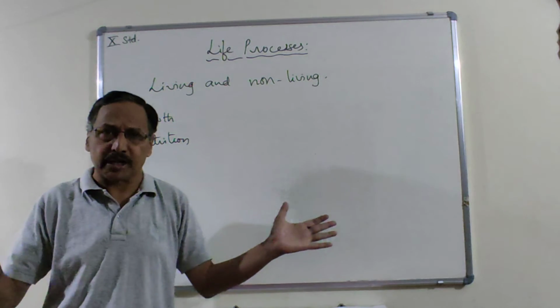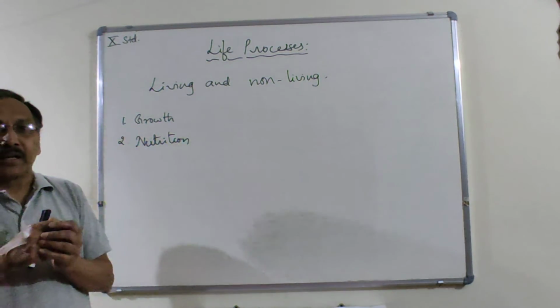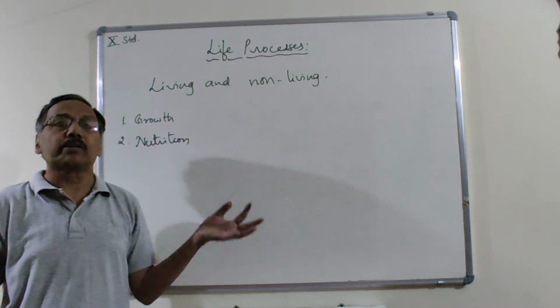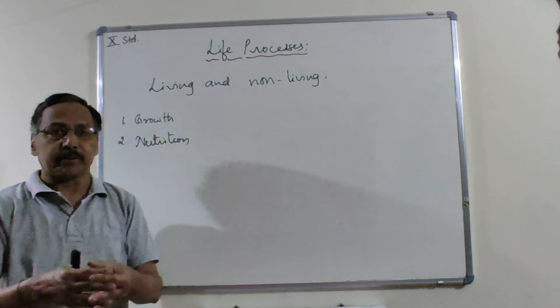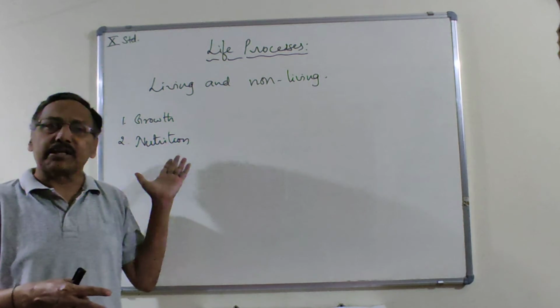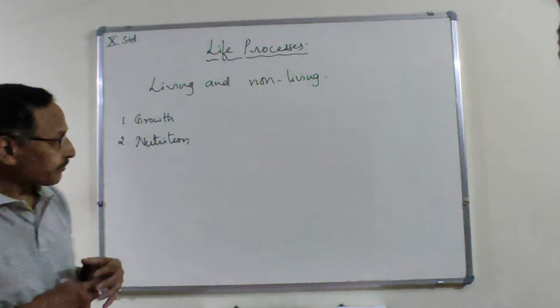All these are multicellular organisms. So depending on their size, their body structure, their body constitution, their activities, different organisms need different types of food and different quantities of food, right?